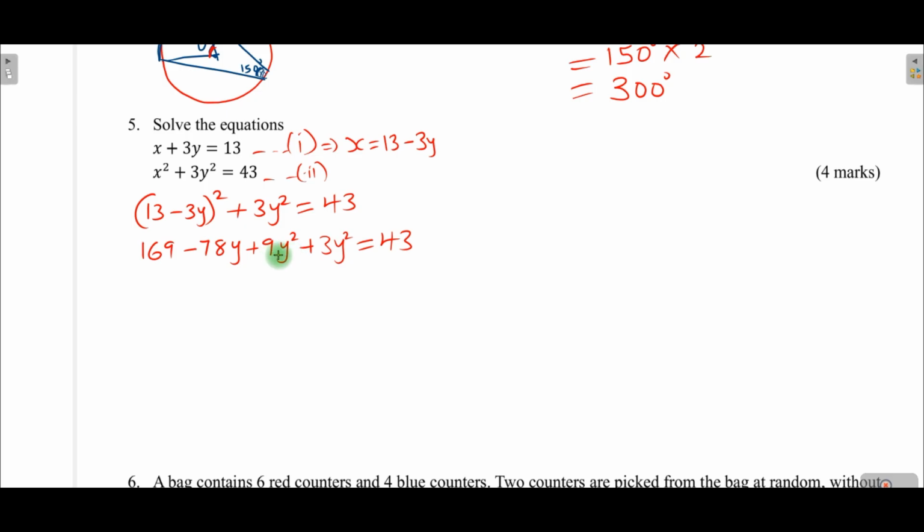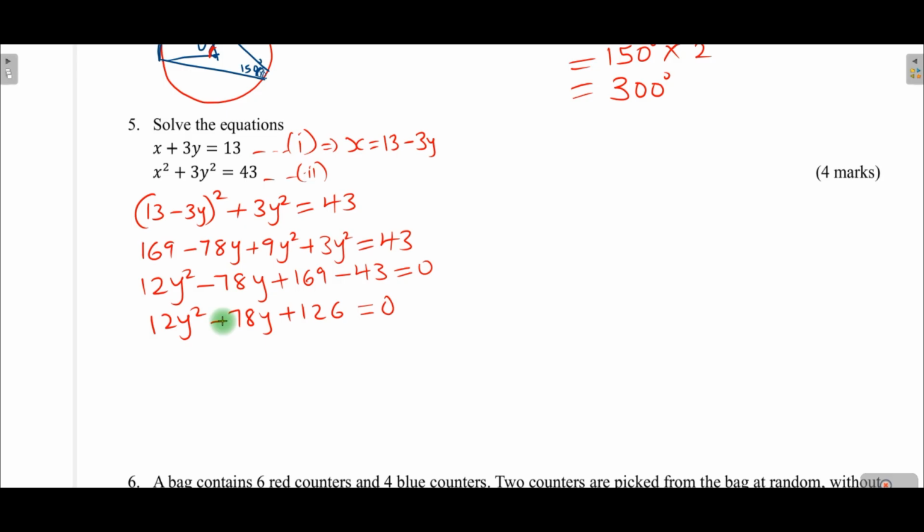Here I have 9y squared plus 3y squared, that is 12y squared, then minus 78y, then plus 169. Take 43 to the left hand side, that will be minus 43, equal to 0. So let me simplify it. I have 12y squared minus 78y, then 169 minus 43, that is plus 126, equal to 0.